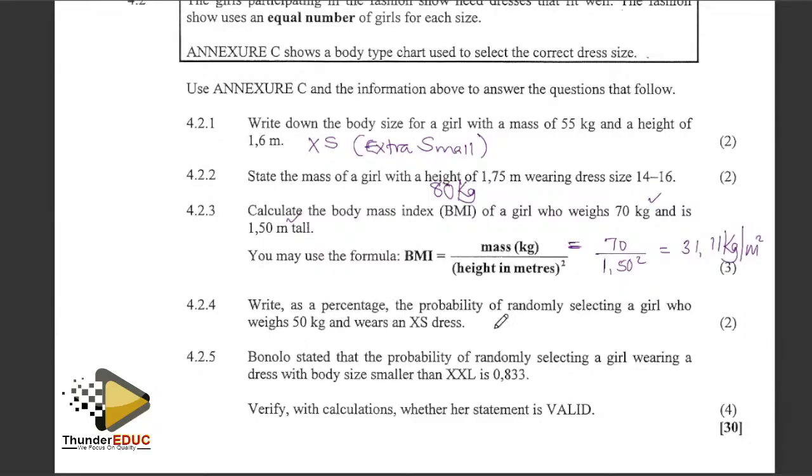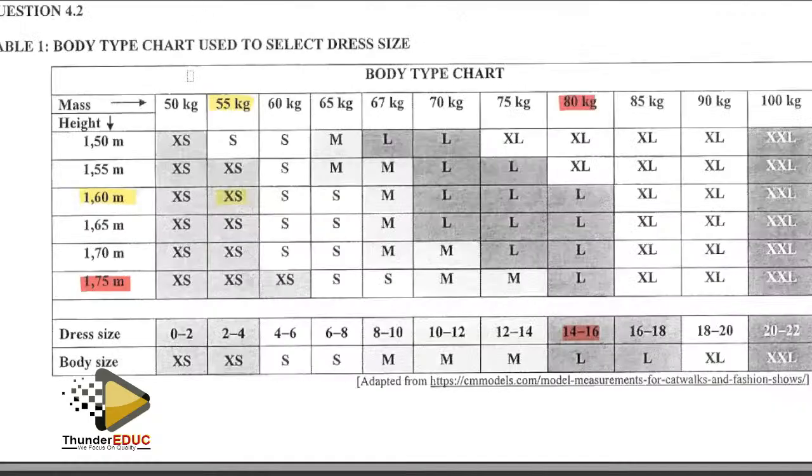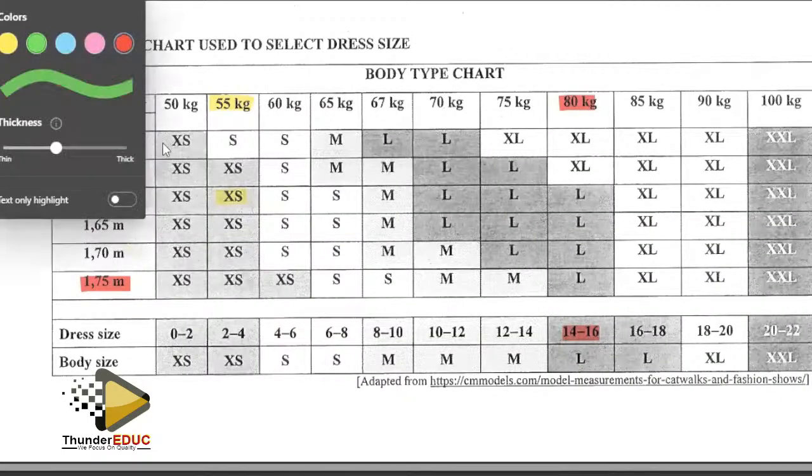Write down as a percentage the probability of randomly selecting a girl who weighs 50 kg and wears extra small. Probability. Picking a girl who weighs 50 kilograms and wears extra small dresses. So we shall come here. First and foremost, identify what we are looking for.